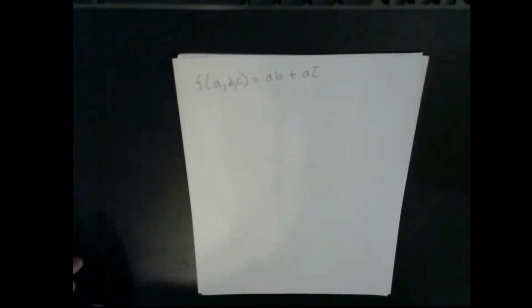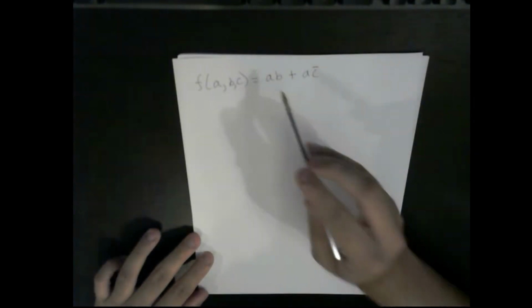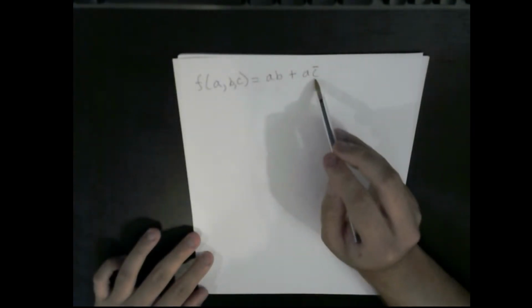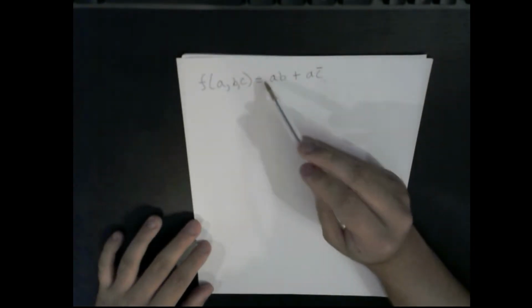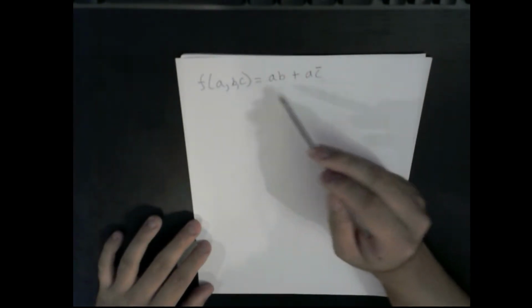Some equation like this. So we see that we have this equation here, but this isn't fully expanded. This is like some kind of simplified expression because I don't have 3 terms in each expression. If this was fully expanded, I would have some form of A, B, and C in every term of this.